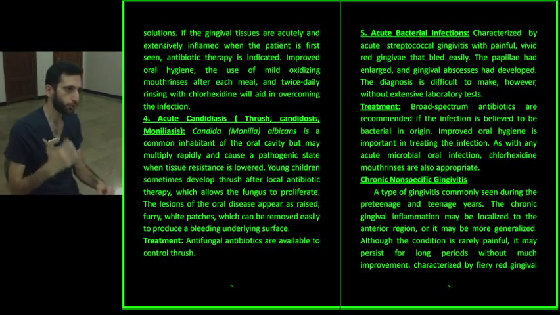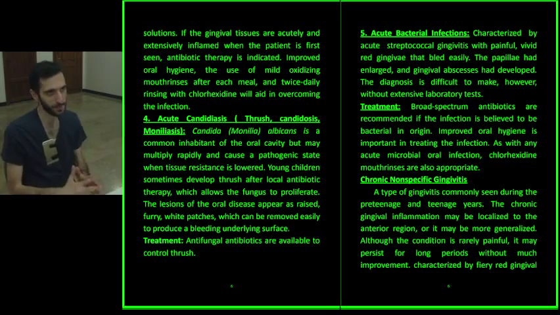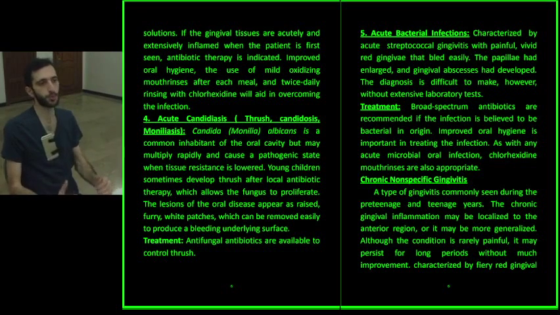The disease is difficult to diagnose without extensive laboratory tests. The treatment is with broad-spectrum antibiotics if the infection is believed to be of bacterial origin, and improved oral hygiene is important in treating the infection. As with any other acute microbial oral infection, chlorhexidine mouth rinses are also appropriate.